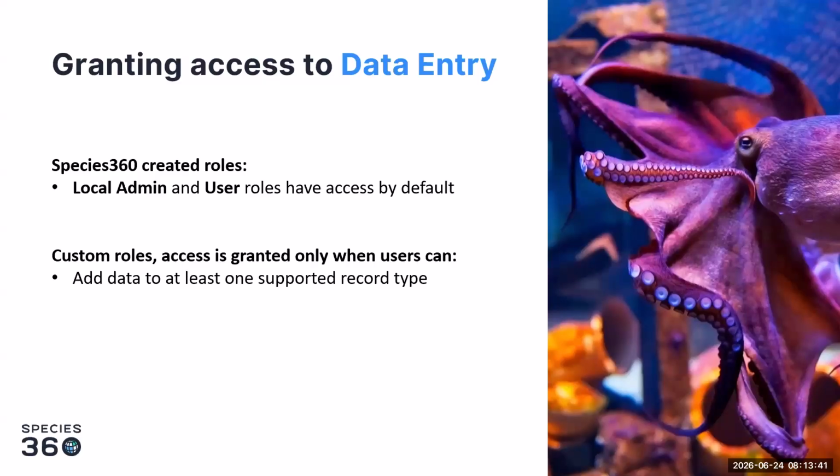If you're working with custom roles assigned, then the custom role needs to have the ability to add at least one of the supported record types. So they need to be able to add something like a weight or a note or an identifier. And again, I'll come back to this when we're in the live demonstration about creating custom roles and giving that provisional access.